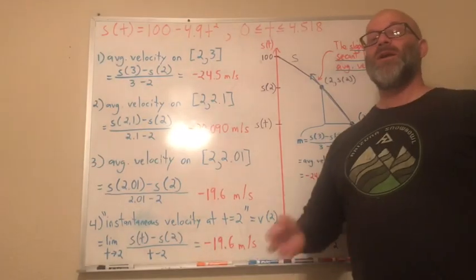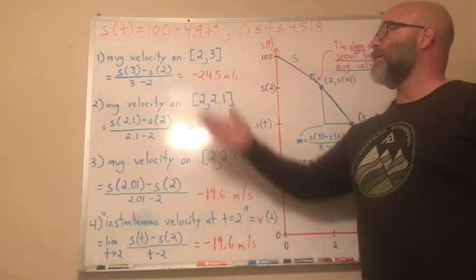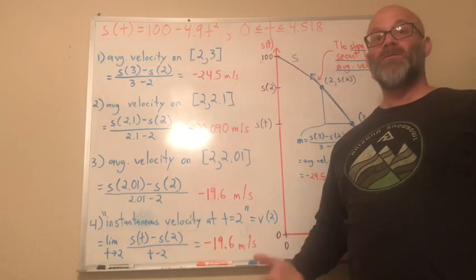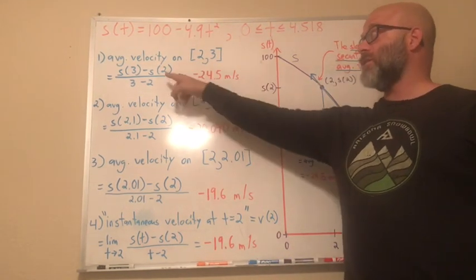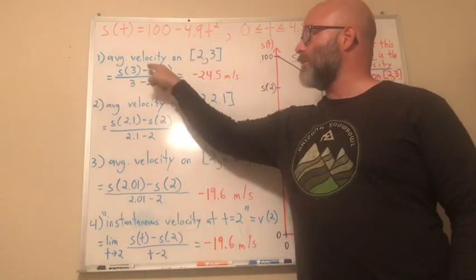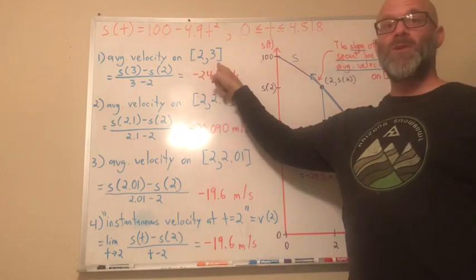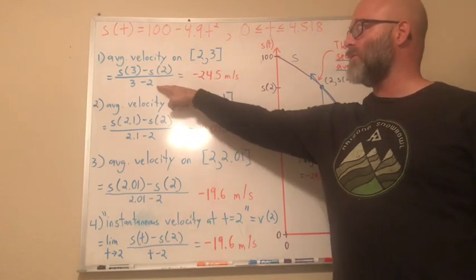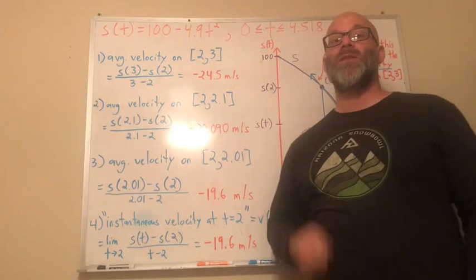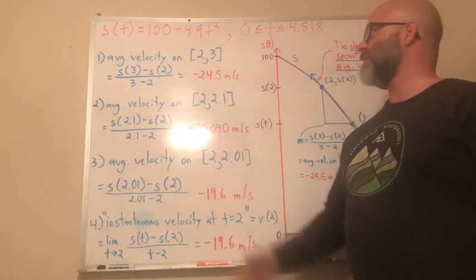All right, folks, if you want to calculate velocity with a position function, you use the difference quotient. This is a difference quotient. It is a quotient of two differences. If I want to find the average velocity on the interval from 2 to 3, I use the difference quotient with s of 2 and s of 3. Those are the 2 points I need to use for my difference quotient.